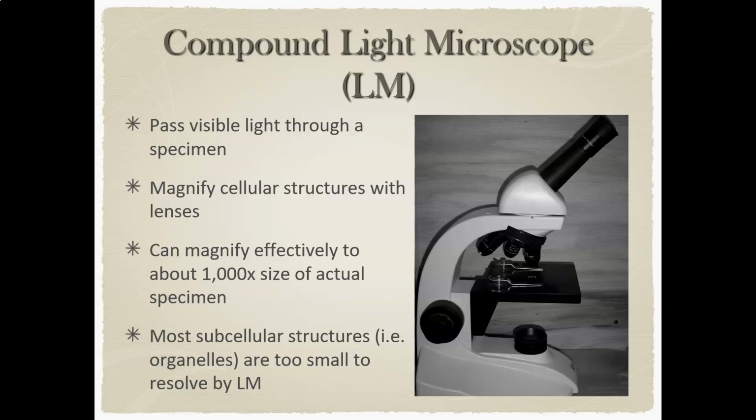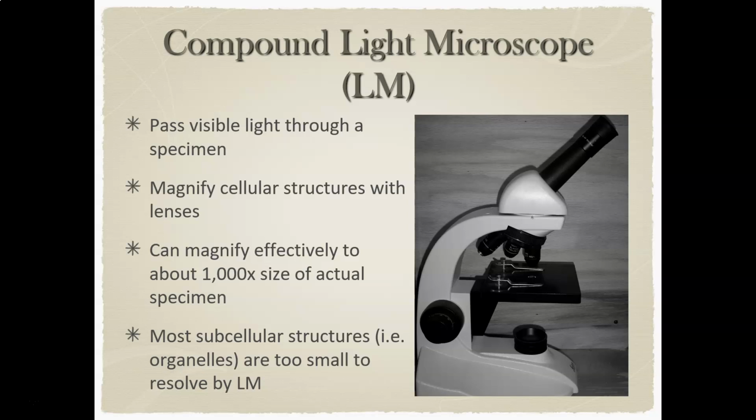And in a lot of cases, with plant cells, we can see the chloroplast, the central vacuole, but that pretty much tops out what we can see. So if I want to see more subcellular structure, mitochondria, Golgi, ER, that kind of thing, then I need to go to something else. The compound light microscope is not going to be able to be functional to look at most of those subcellular structures.